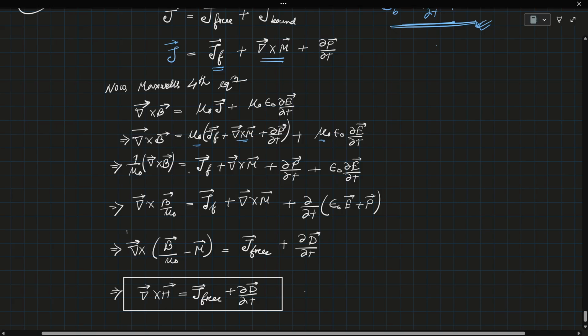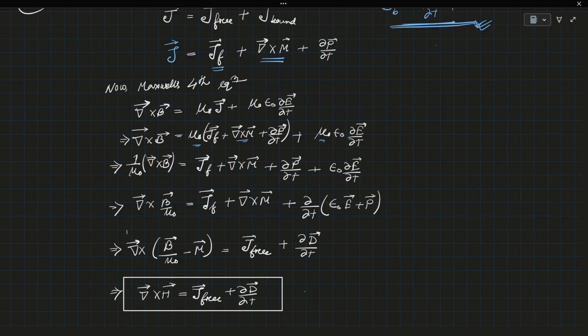So now let's take it towards the left. On the left, this will be in the denominator, right? Again, this is a constant term, so I can take it inside. So in this step, I have taken this inside. Now what is this? This is JF plus del cross M plus del P del T, and mu naught is here, and epsilon naught del E del T, right?